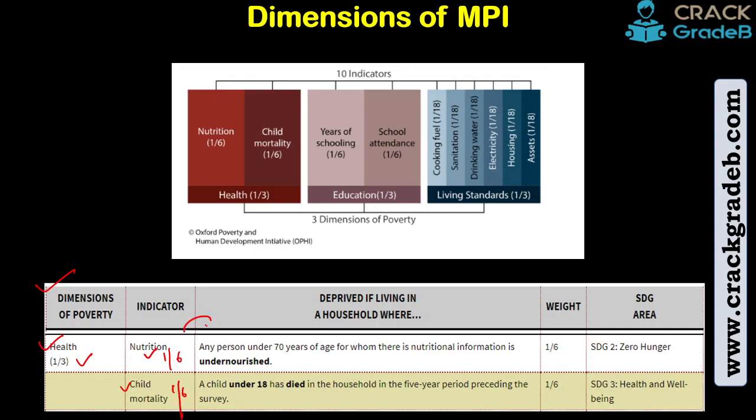Now let us understand what nutrition is. Any person under 70 years of age for whom there is nutritional information is undernourished if they are not properly nourished.